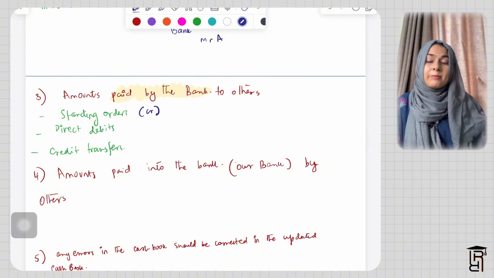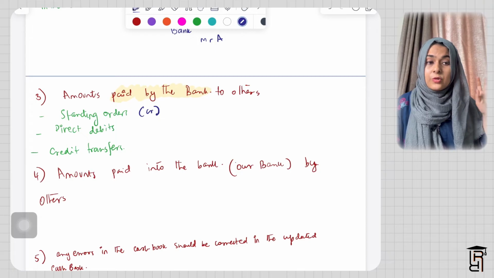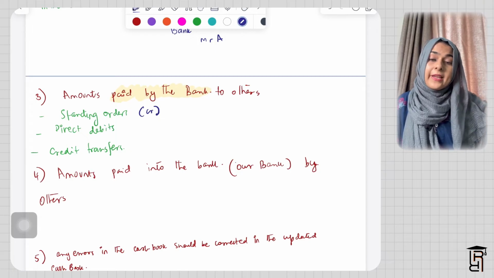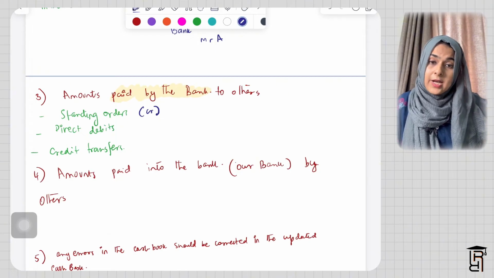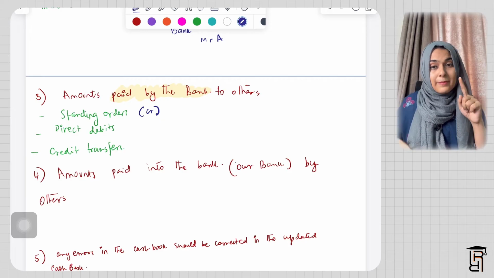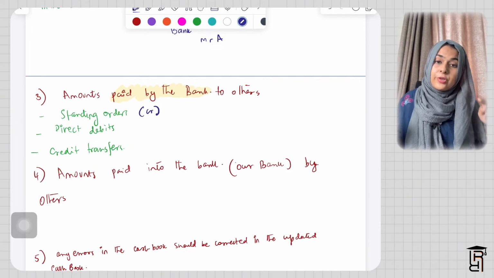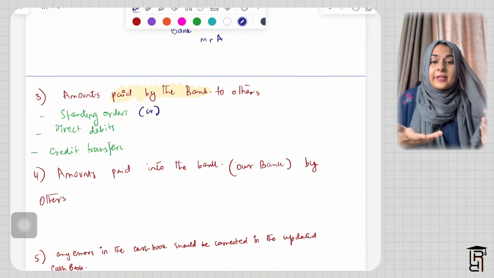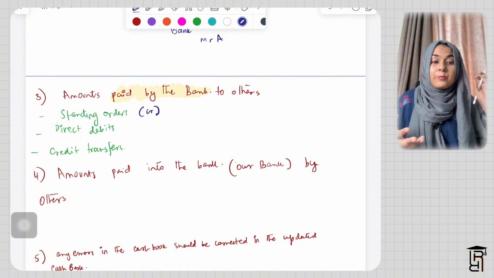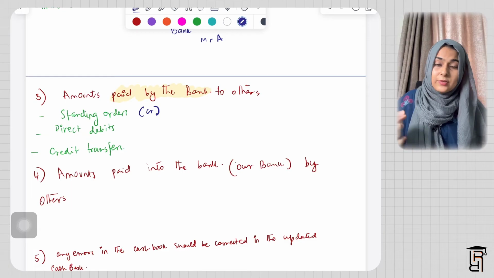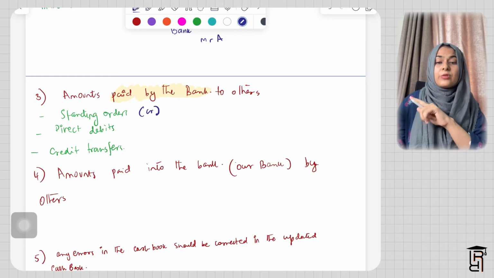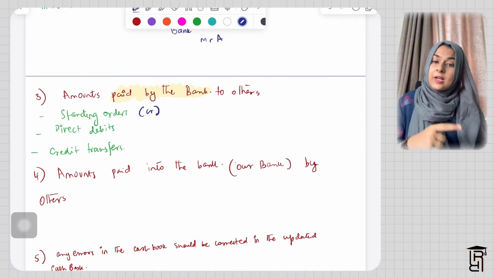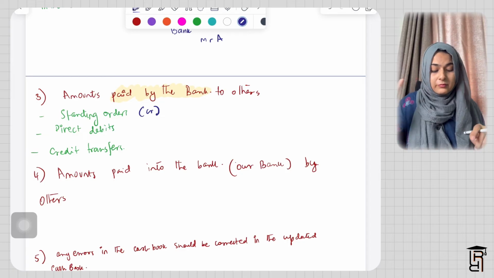But what happened was that my supplier was too lazy to go and put that check in his own bank. So that means the bank does not know that they have to reduce the amount available in my account, because my supplier did not put that check into his bank. So the amount is not transferred from my account to my supplier's account.